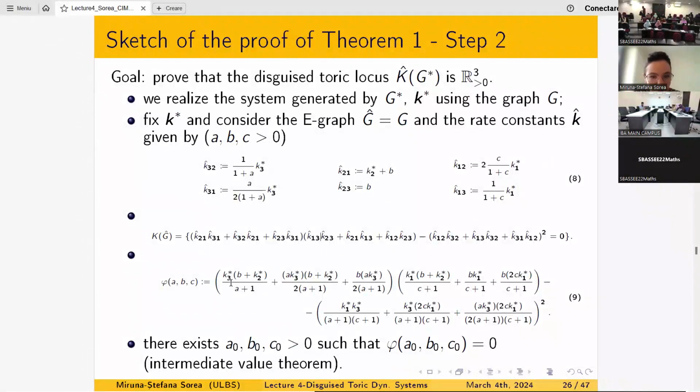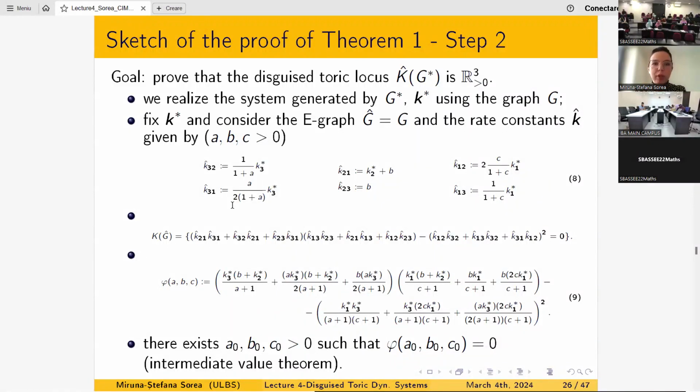Essentially, we show that there exist A0, B0, C0 positive real numbers such that phi is 0, so that K hats verify the equation of the toric locus of G hat. In other words, G hat is toric.